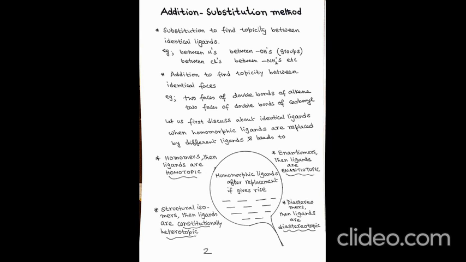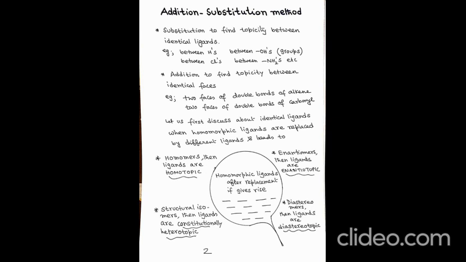They can be atoms or they can be groups. But if they are not homomorphic, we cannot establish the topic relationship between hydrogen and oxygen. We cannot establish the topic relationship between CH3 and nitro. We cannot establish the topic relationship between chlorine and bromine, as they are not homomorphic or identical.